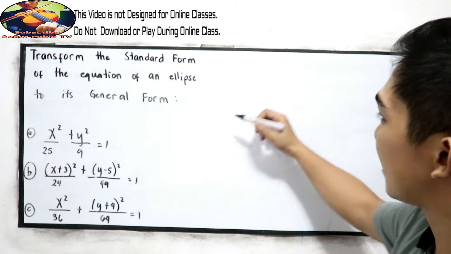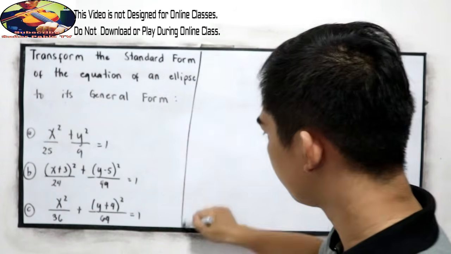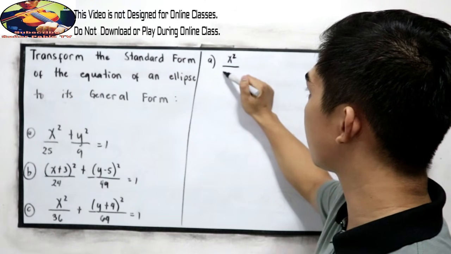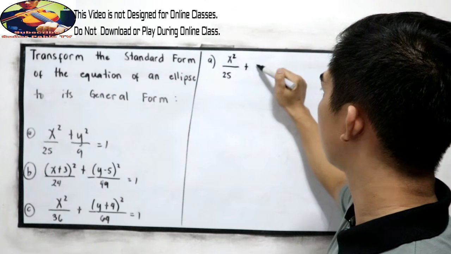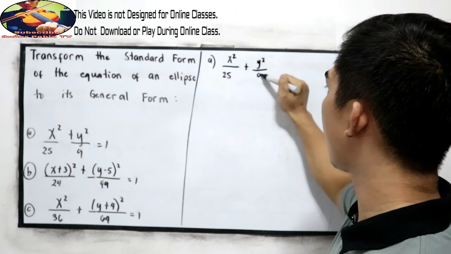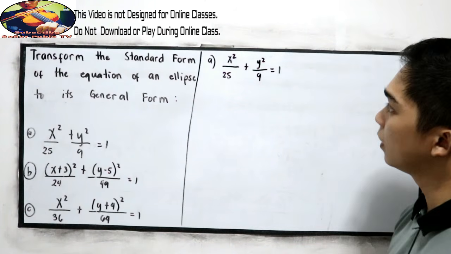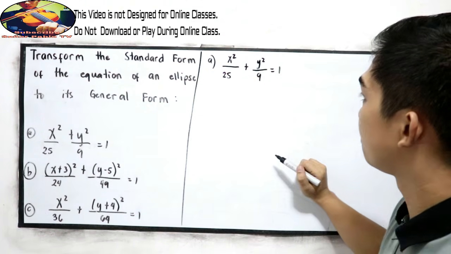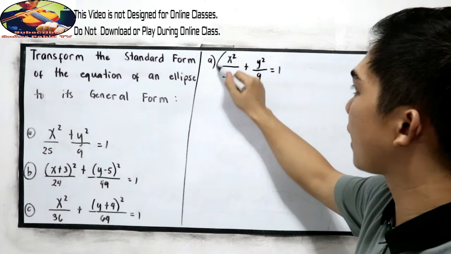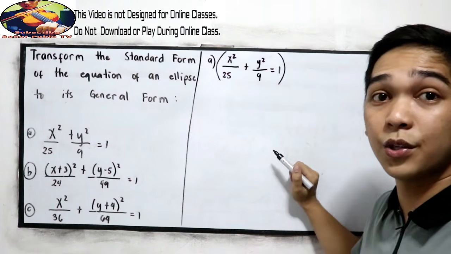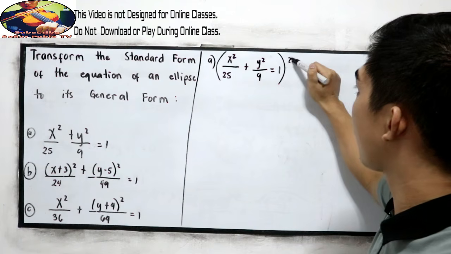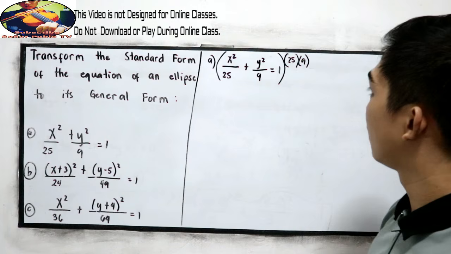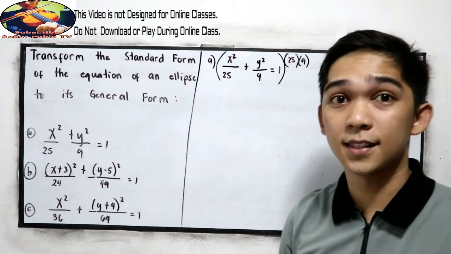Okay. Let's begin letter A. Copy the given x squared over 25 plus y squared over 9 is equal to 1. It's like solving a rational equation. So we need to multiply our equation by 25 and 9, so that our denominator will be equal to 1.